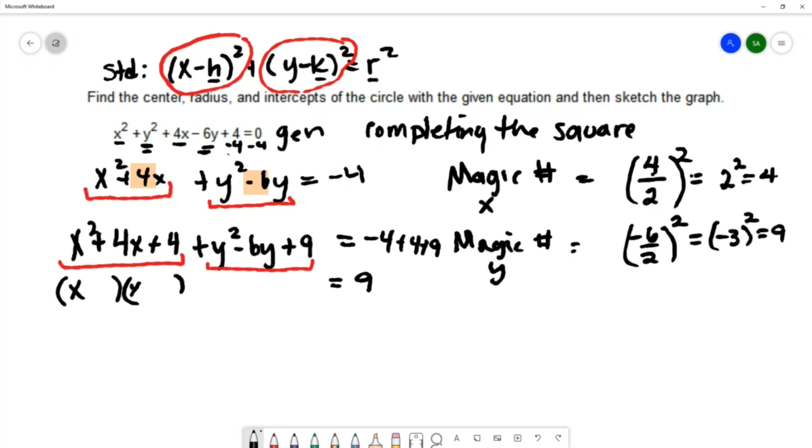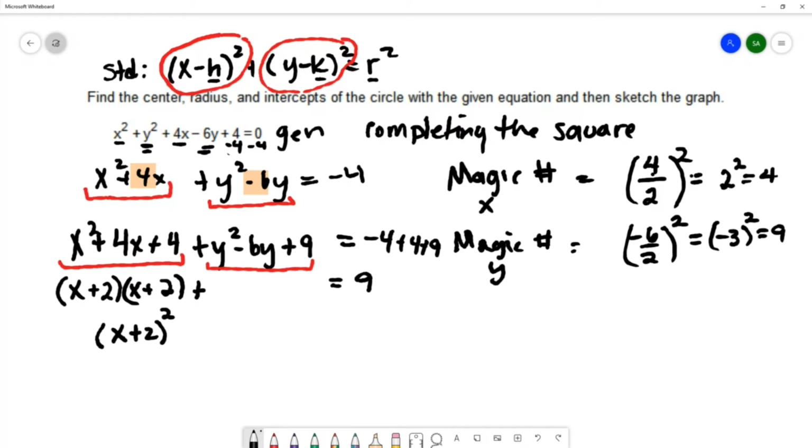X times x is x squared. 2 times 2 is 4. And then for the middle term, we also have 2x plus 2x gives us the 4x in the middle. So it factored, and because they have the same factor, we can write that as a square. X plus 2 times x plus 2 is x plus 2 squared.